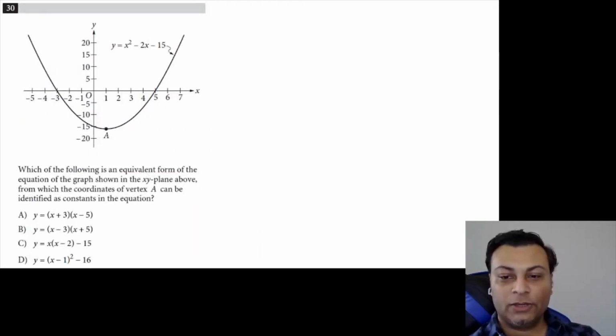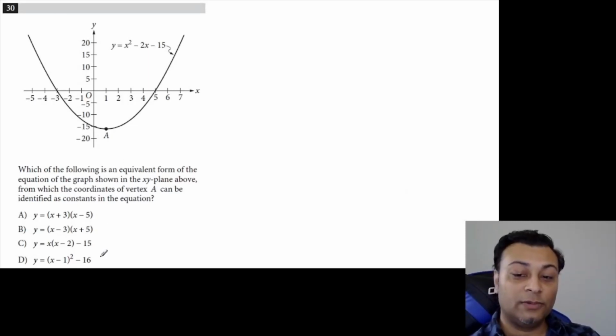Question 30. Which of the following is an equivalent form of the equation of the graph shown in the xy plane above, from which the coordinates of vertex A can be identified as constants in the equation? They're looking for a form where you can readily see the vertex. Okay, that's vertex form. So what is vertex form?